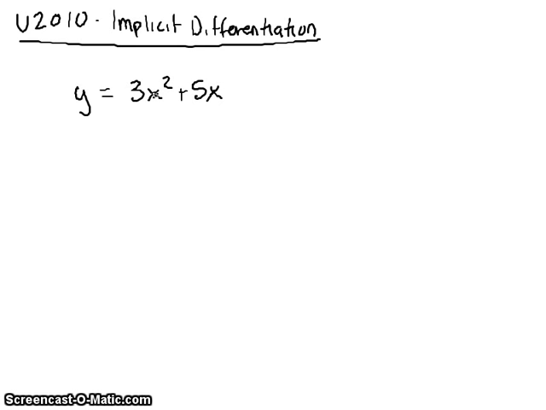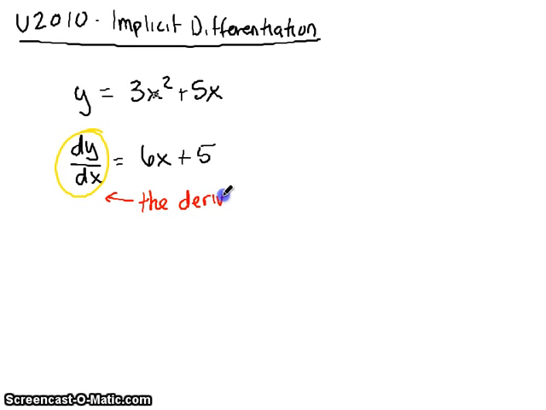And the derivative of this is very easy, right? dy over dx equals 6x plus 5. Now the reason I wanted to point out this easy derivative is because of that dy dx. So what we mean when we say dy dx is the derivative of y with respect to x.